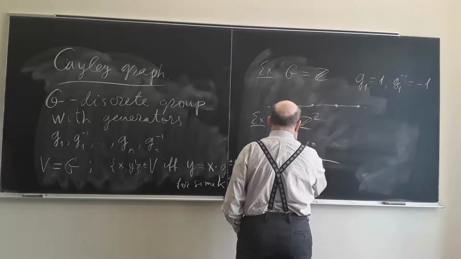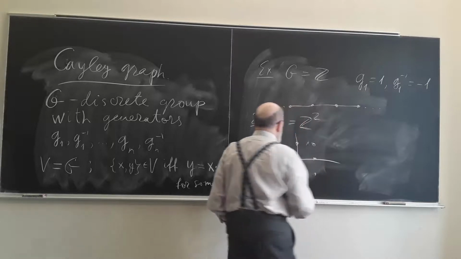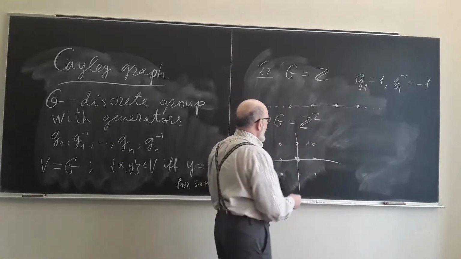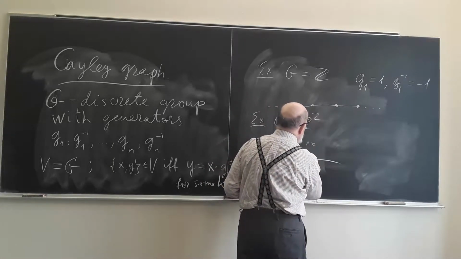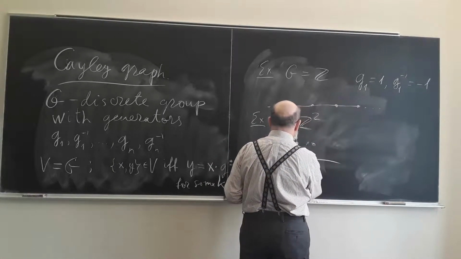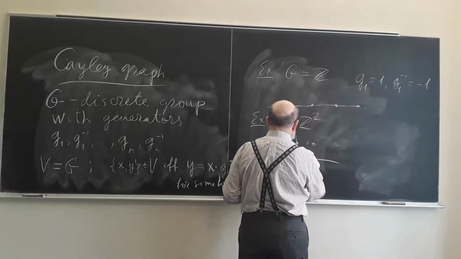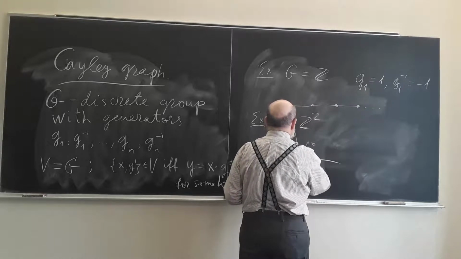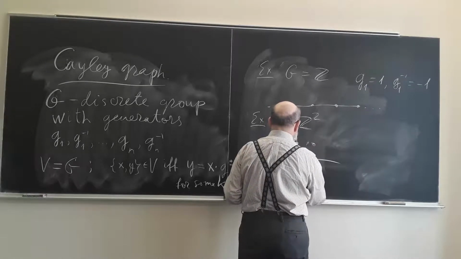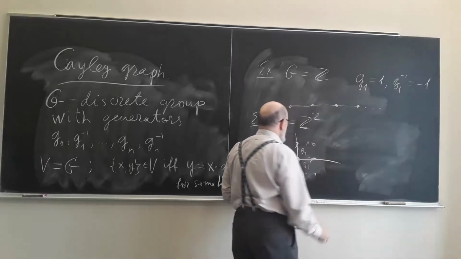And here we have this is g1, this is g1 minus 1, this is g2, this is g2 minus 1.